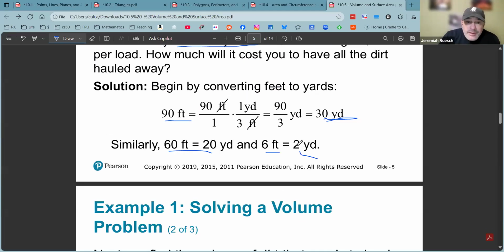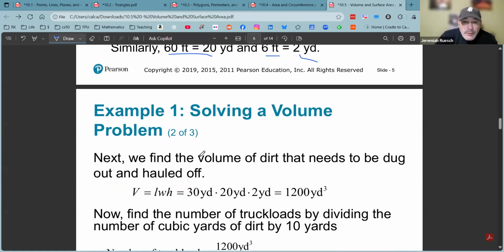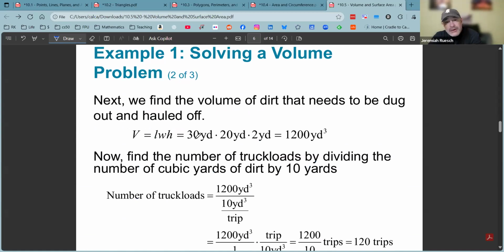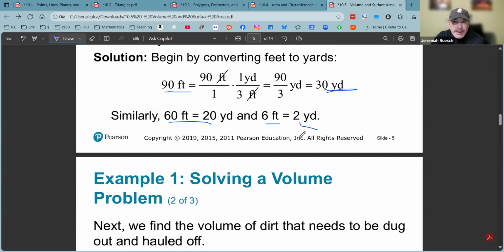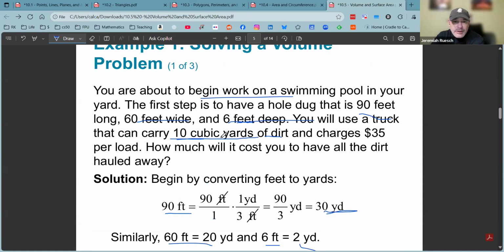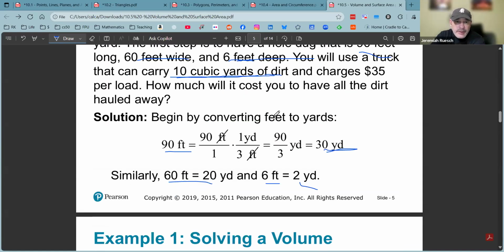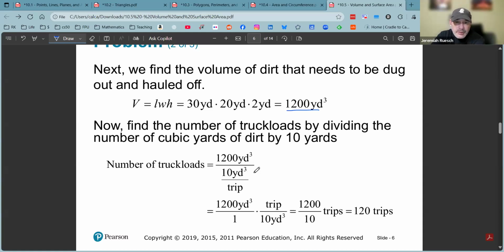All right, so converting these to yards, we can find the volume of the dirt. 30 times 20 times 2 gives us 1,200 cubic yards. And then the number of truckloads. Well, if the truck carries 10 cubic yards of dirt at a time, we need to know how many truckloads there are in this.